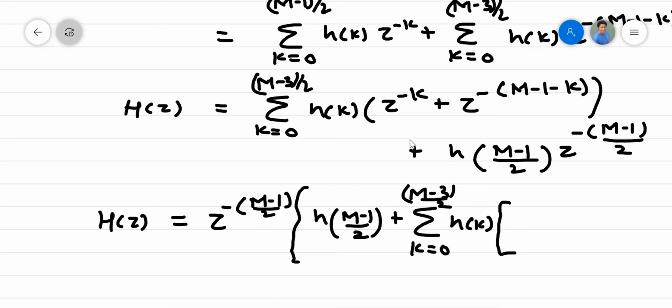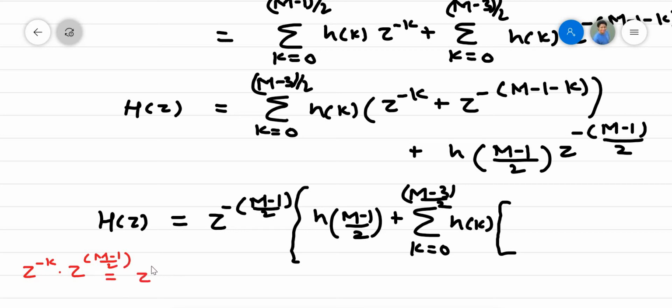Now this z^(-k) is actually z^(-k) into z^((M minus 1) by 2), because we have taken z^(-(M minus 1) by 2) common.